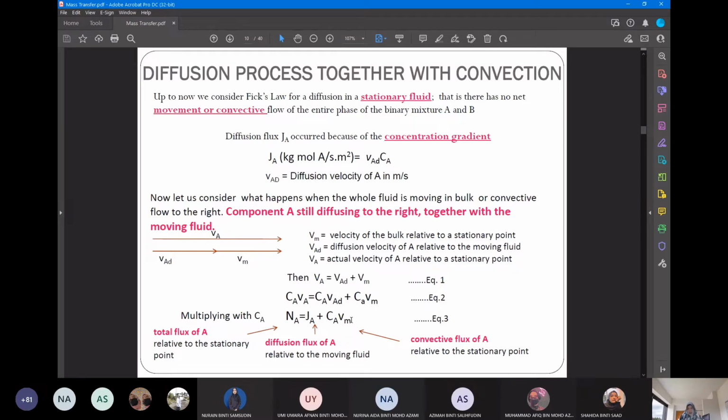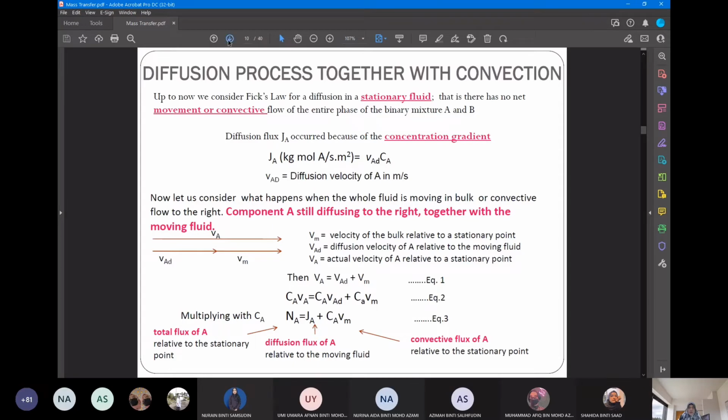And then CAVA is the total flux. So simply put, when you're given diffusion together with convection, the formula that you need to use is NA equal to JA plus CAVM. So the total flux of A is given by the diffusion flux of A plus the convective flux of A. This is what you are dealing with when you have diffusion plus convection.